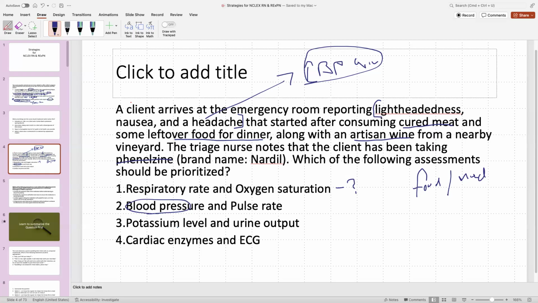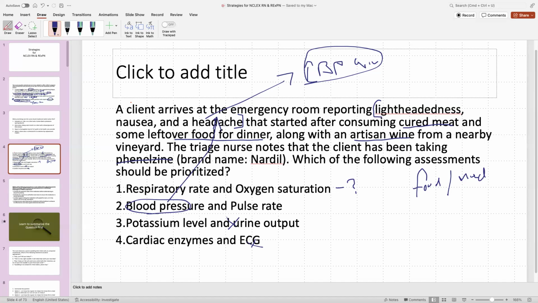Potassium level, hyperkalemia, hypokalemia, does that cause any headache? Increased urine output, decreased urine output, does that cause any headache? No. Cardiac enzymes, ECG, does that cause headache? No. So here we know that blood pressure causes headache.